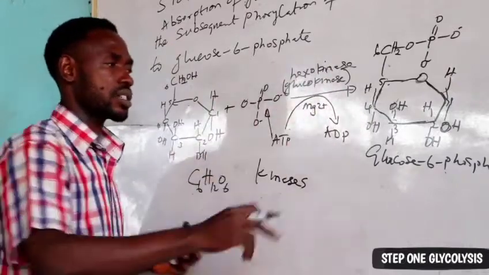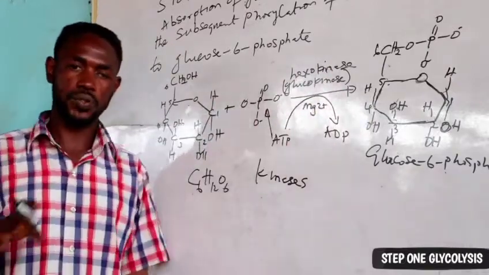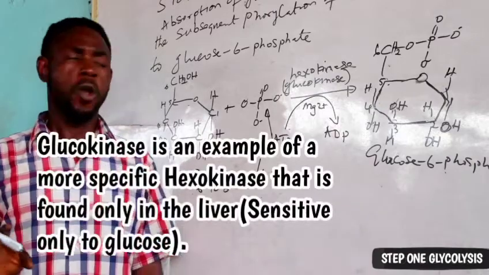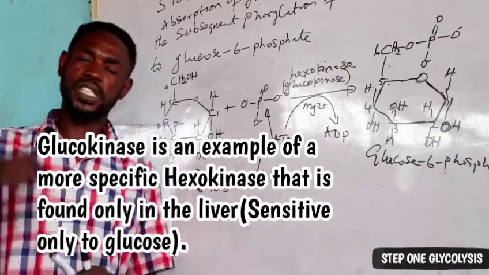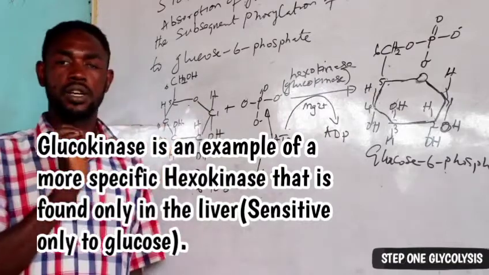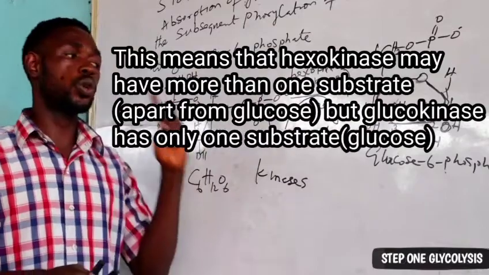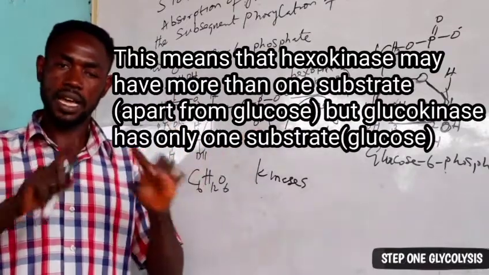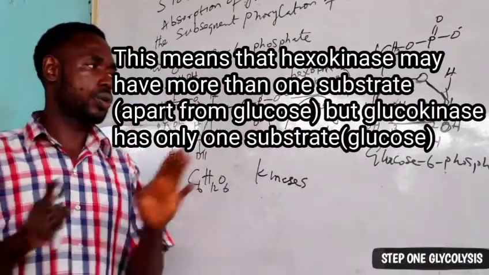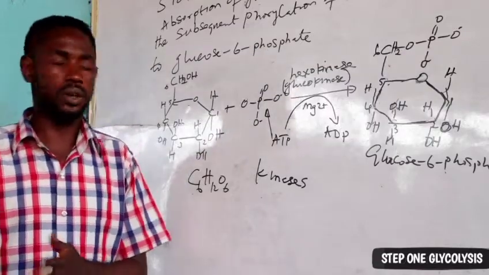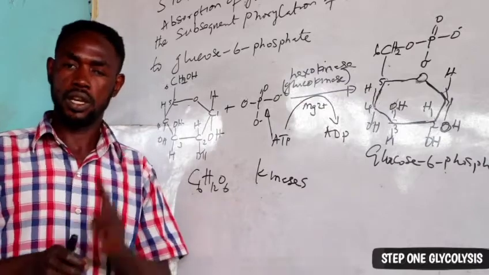So, hexokinase catalyzes the phosphorylation of any 6-carbon sugar. But glucokinase is now more specific to glucose only. Glucokinase only catalyzes the phosphorylation of glucose, not any other hexose sugar. So glucokinase cannot catalyze the phosphorylation of fructose. It can only catalyze the phosphorylation of glucose.